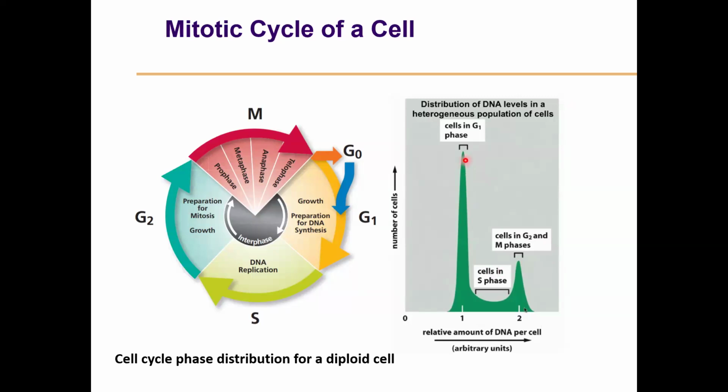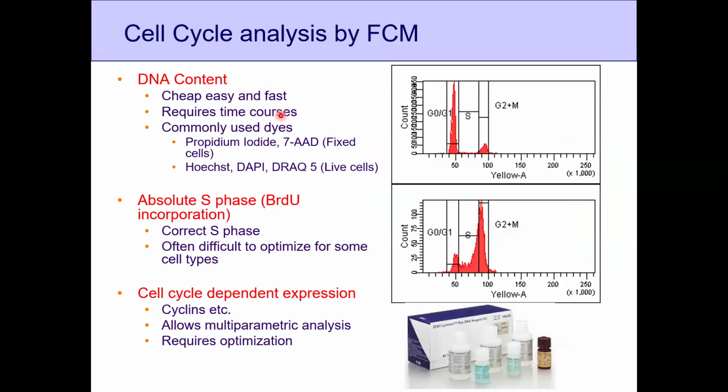In G1 phase, your cells have diploid DNA content, and then there is a synthesis phase for DNA replication, and once it goes to the G2 phase, the DNA content gets doubled. So these are the dyes we use for that. For example, these are your G0, G1 phase, and this is a typical histogram. This is what a normal cell looks like.